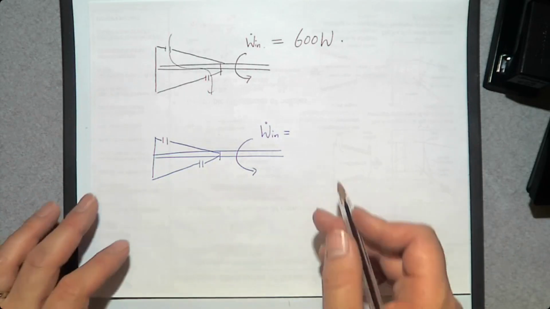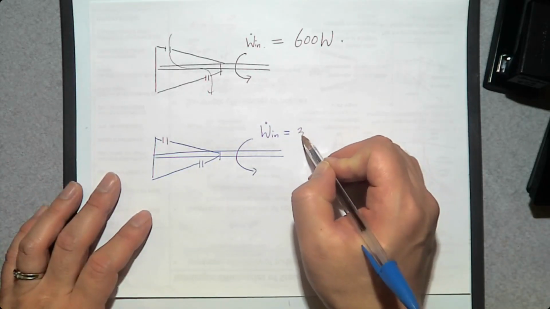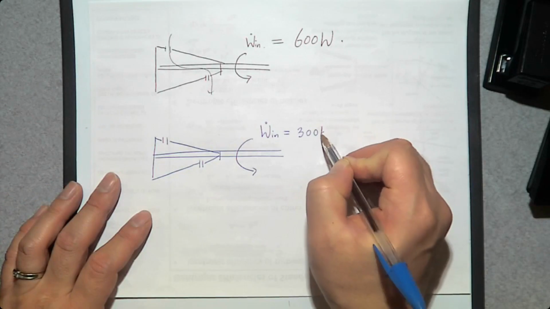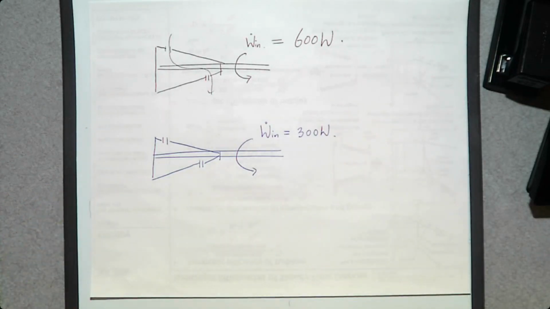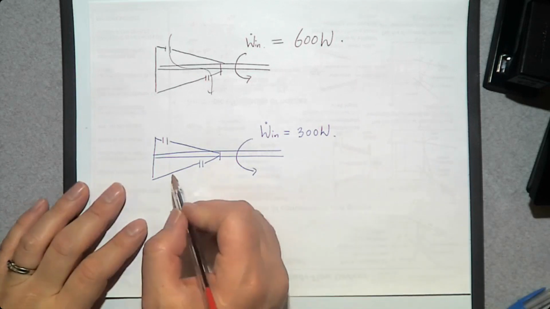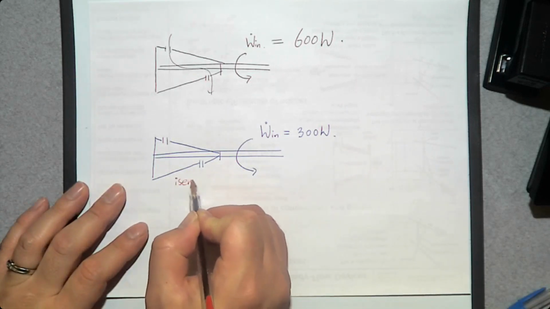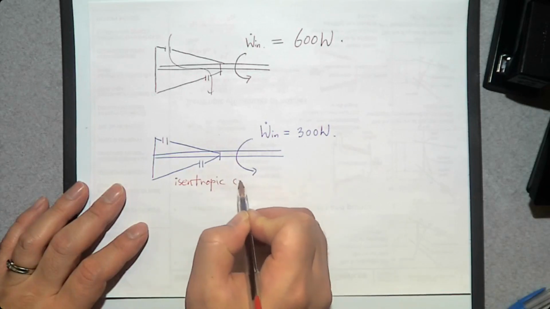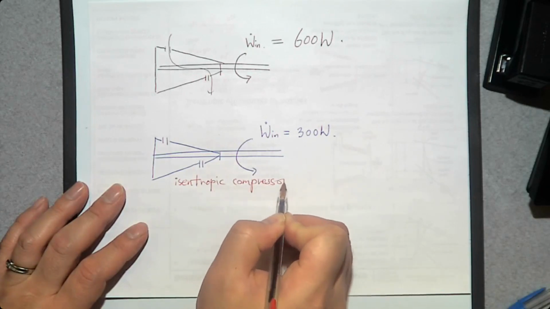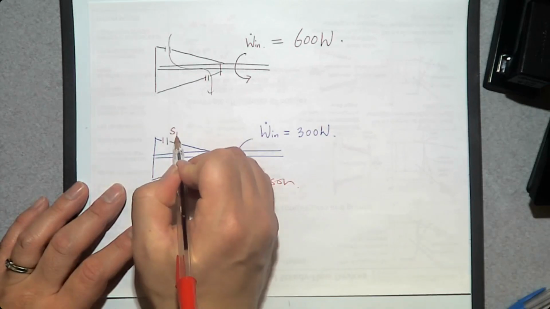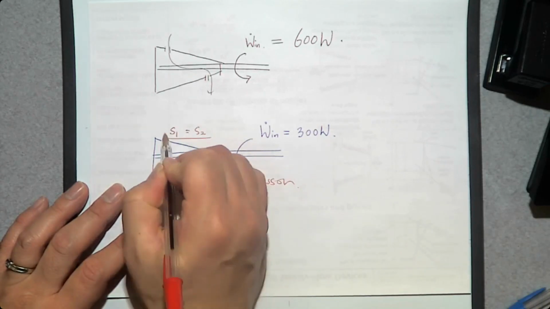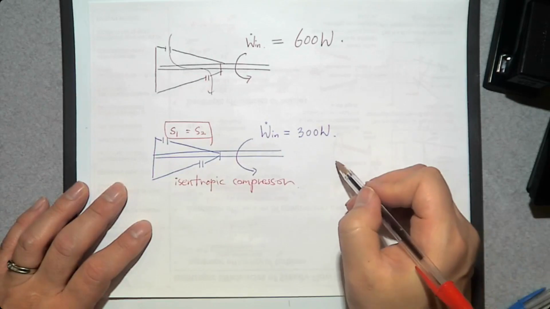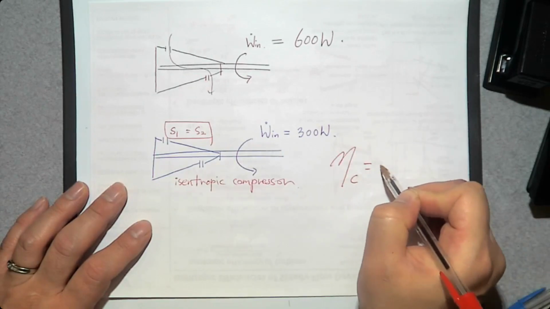So when he did it, it only consumes 300 watt for the same compression job. So how close is my compressor compared to this ideal compressor? When I say ideal compressor, I mean isentropic compressor. That means entropy at the inlet is the same as entropy at the exit.